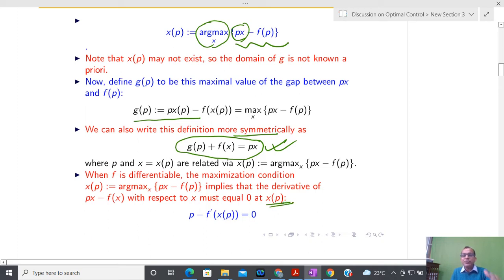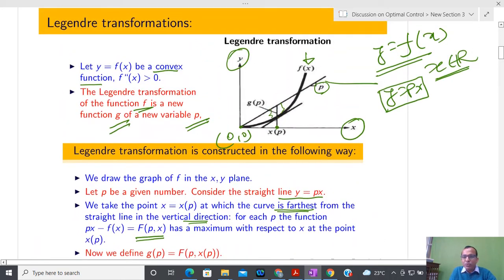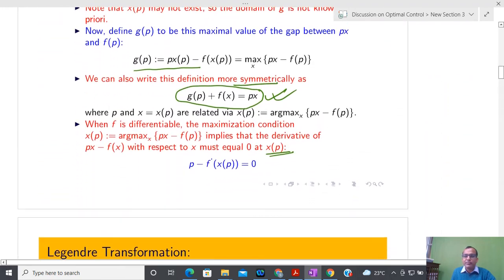Okay, because we are going to select the farthest point and the convexity condition is here, it is possible to show that the farthest point is going to lie where the differentiability of the curve, this curve, is going to vanish. Okay, and due to that reason I have this kind of condition coming into the picture.